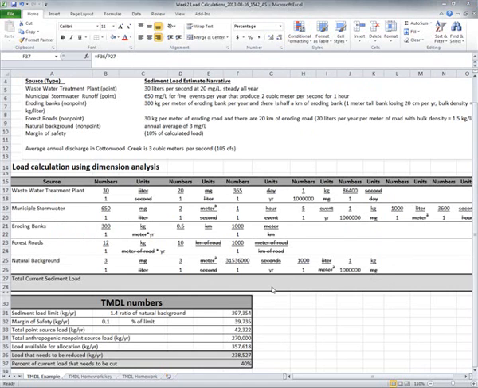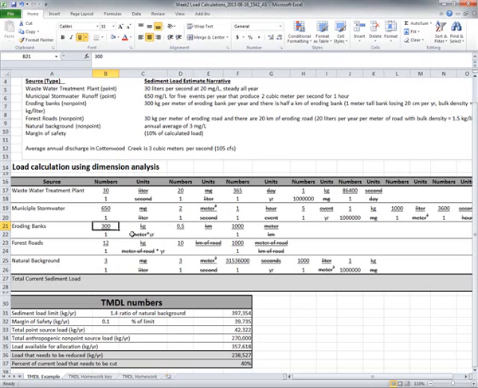So this spreadsheet is a way for you to calculate the loads and think about your dimension analysis with this numerator-denominator strike-through approach, and hand it in so that we can see how you did it. And the nice thing about this is that you're going to be able to come in and change the amount of each one of these types of pollution sources, change the length of eroding banks or the load per bank if we stabilize the banks partially, or if we reduce the amount of eroding banks, or if we reduce the amount of eroding Forest Service roads.